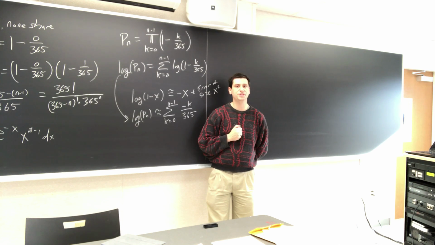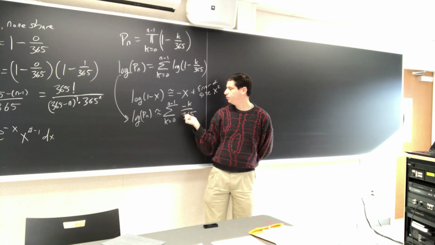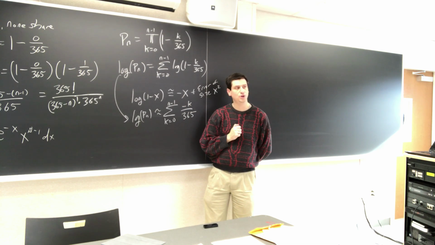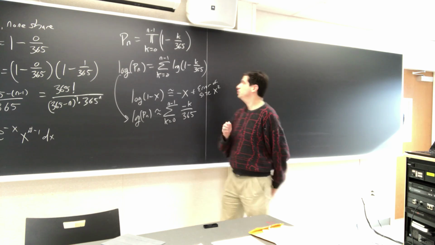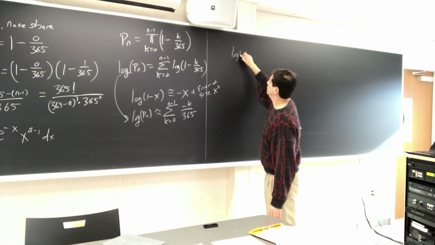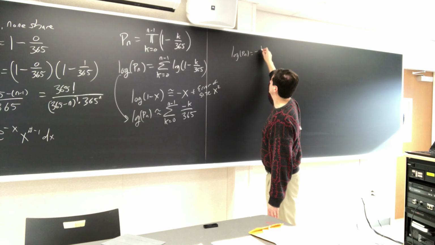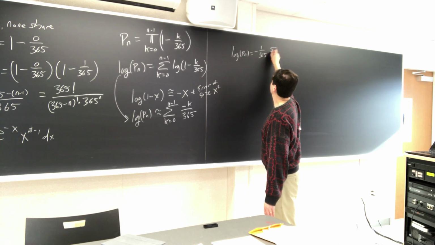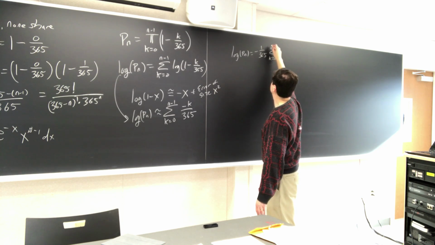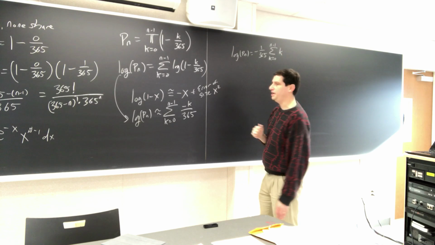We're going to have to do a lot more with sums later in the semester. When you see this, you see a negative 1 over 365. We can take that out, right? And so we get the log of Pn equals negative 1 over 365, and then the sum, k goes from 0 to n minus 1 of k.